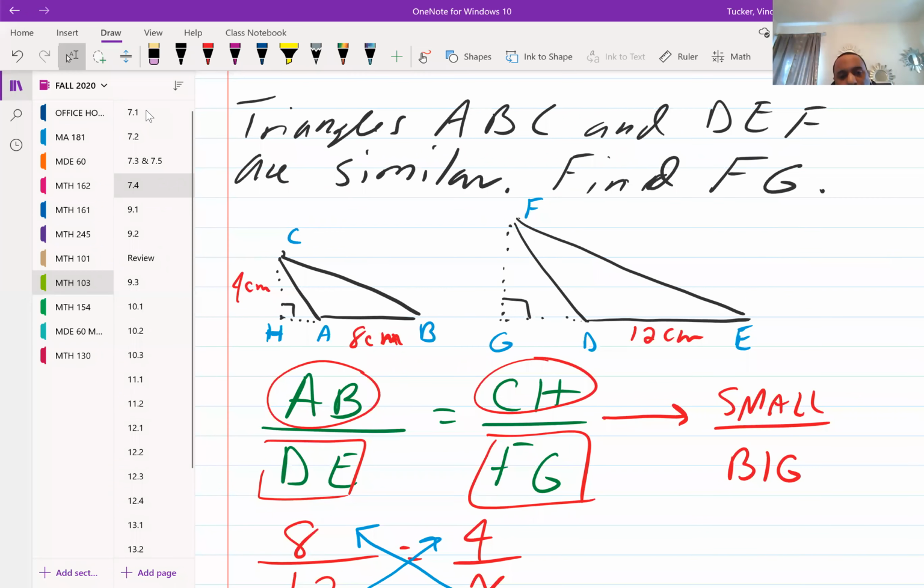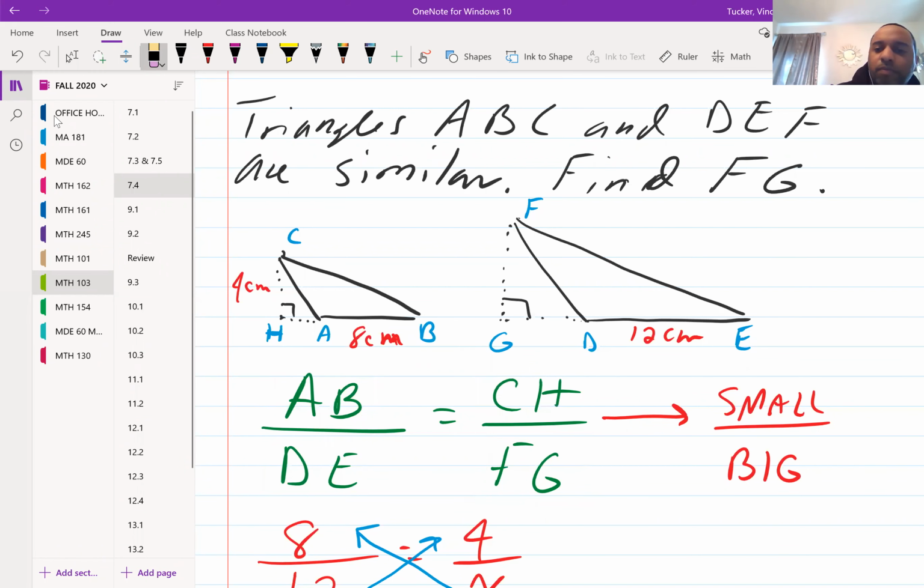All right, so let me erase some of this stuff though. We have these two similar triangles, ABC and DEF, and they want us to find FG.